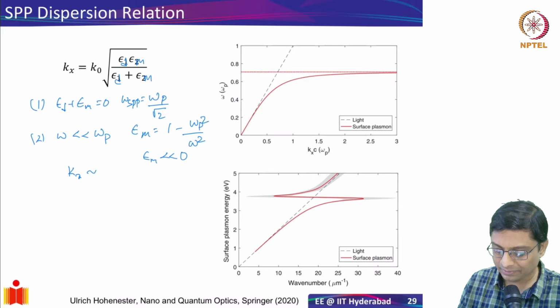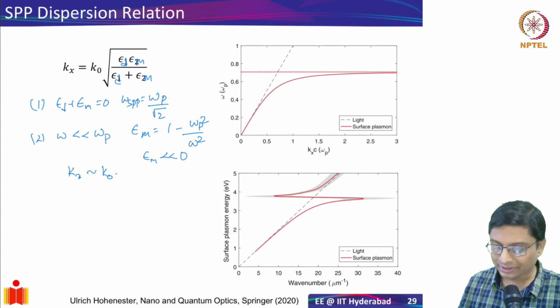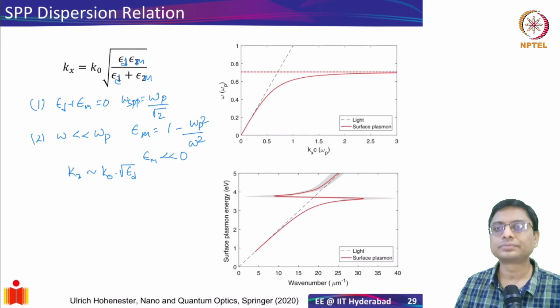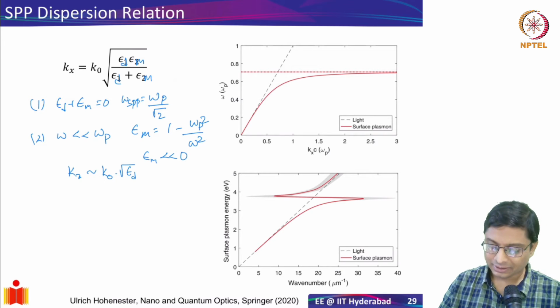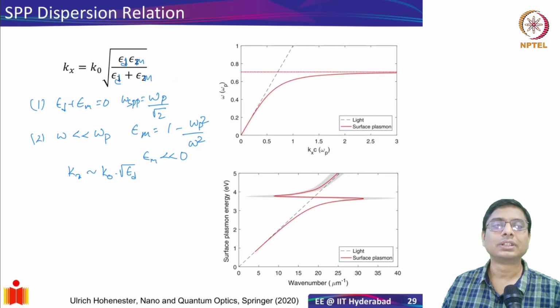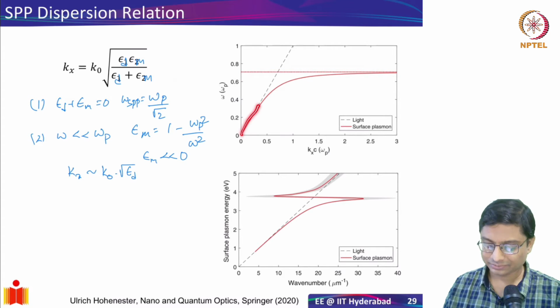Kx approximately will be k naught times, so metal is going to dominate, so effectively cancels out, so basically root over epsilon d. Right? So that is why you see that as we go to lower frequencies, the plasmon dispersion is coming close to the light line. Okay, that's what happens when you go to lower frequencies.